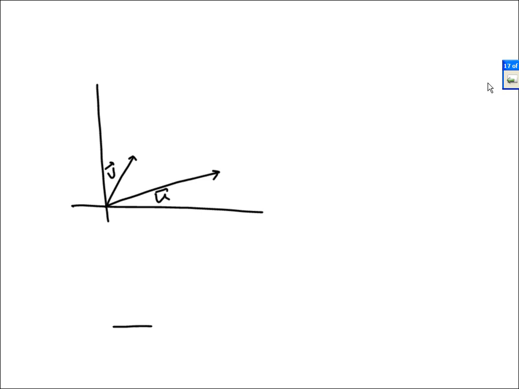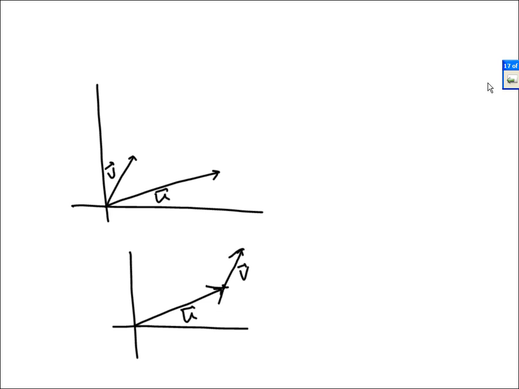Well, remember, you can move vectors. You just can't change the size or the angle, that is, the direction. To the best of my ability, I drew u again. Now, I'm going to put the tail of v at the head of u. And v goes in this direction. That's v.